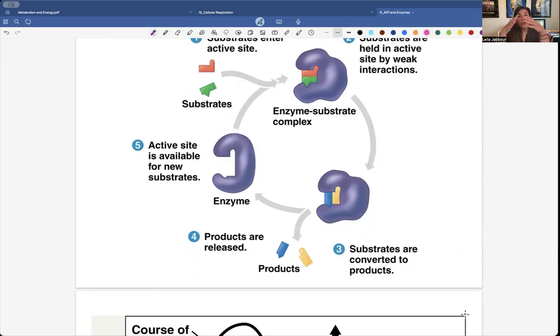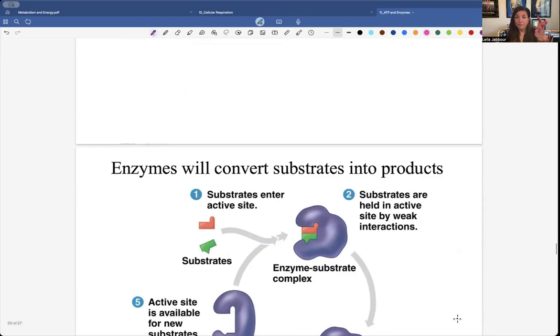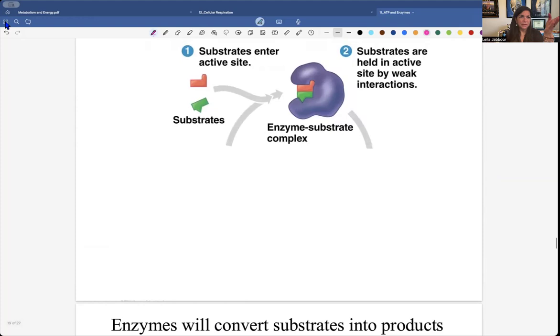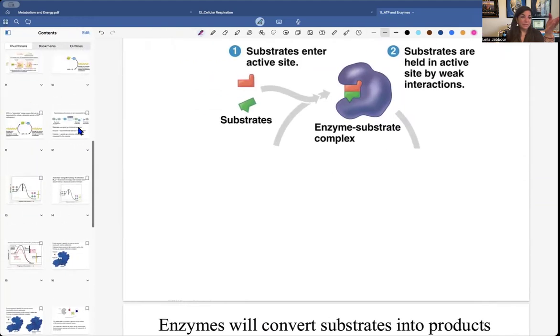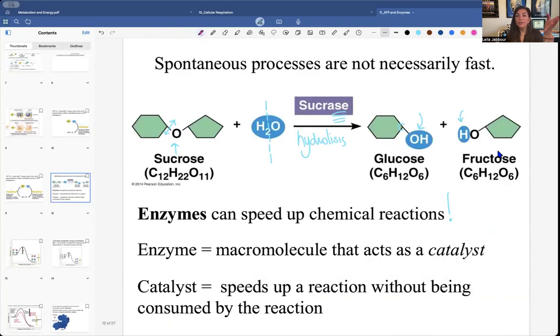So this is where the bond within sucrose is broken. And now we have to refill those open spots, and we use the water molecule to do that. So the products come out: glucose and fructose.